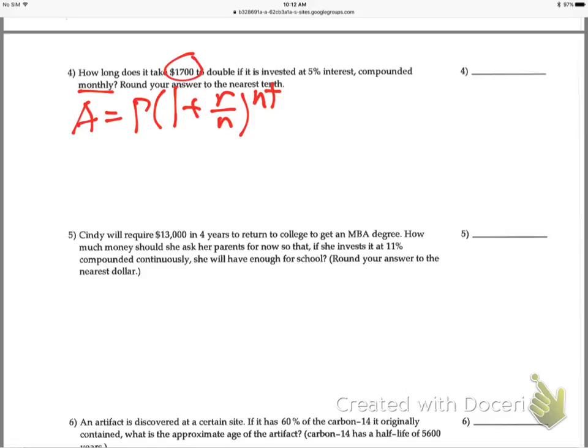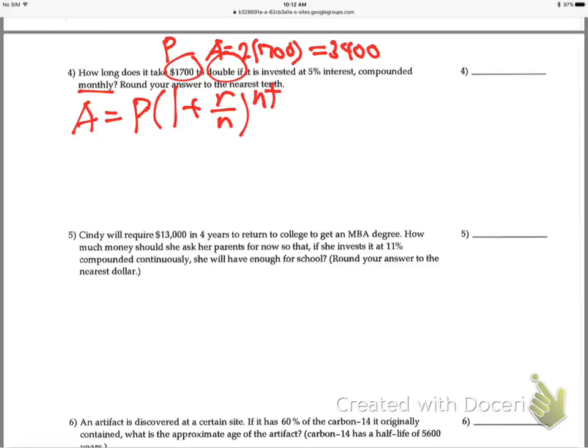All right, so here we go. How long does it take 1,700 to double? So the original P is 1,700 and the amount A is 2 times 1,700, or 3,400. Right? We good there? Is that making sense?